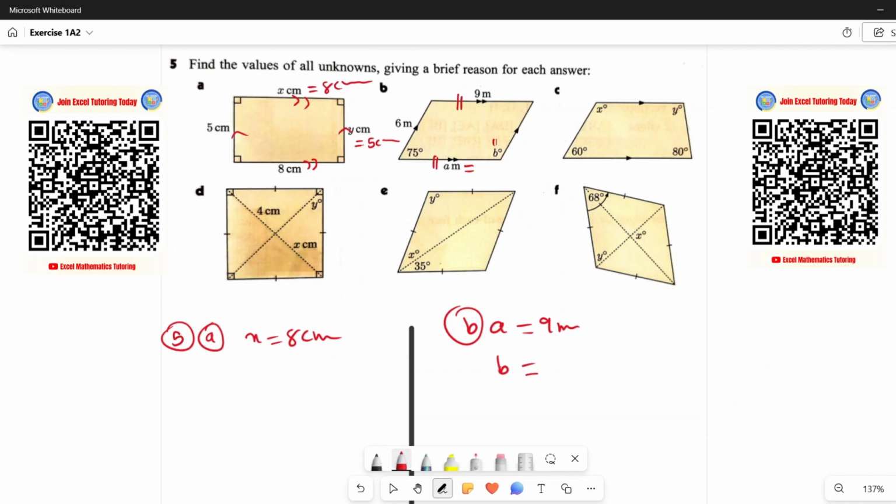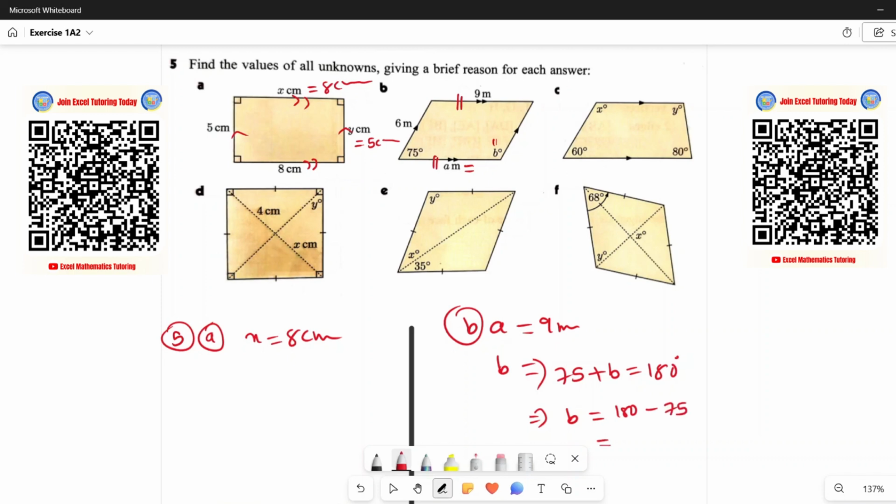Now we need to find the value of B. So again here for B we are using the property of supplementary co-interior angle, which should be 180 degree. So 75 plus B equal to 180 degree, which means B equal to 180 minus 75.